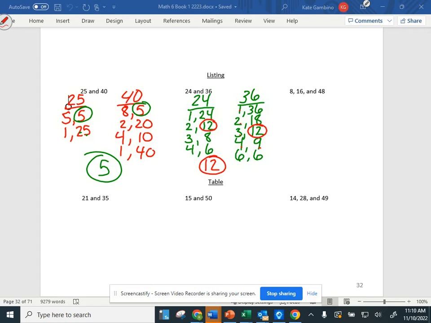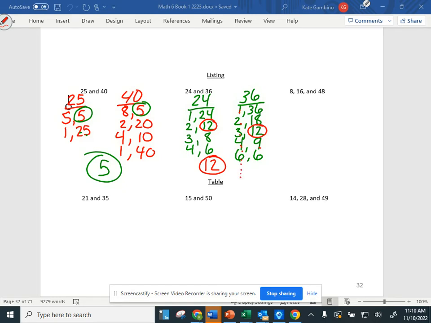So when you list, you have to make sure you go in an organized manner so you don't miss any factor buddies. If you just randomly think, oh, 36, I know that's 6 times 6, I know it's 4 and 9, and 1 and 36, if you're just hopping around with your numbers, you might miss some. So again, I always start out with 1, 2, 3, 4, 5, 6, 7, 8, 9, 10.